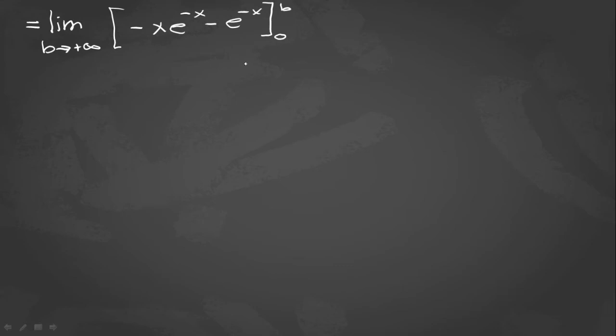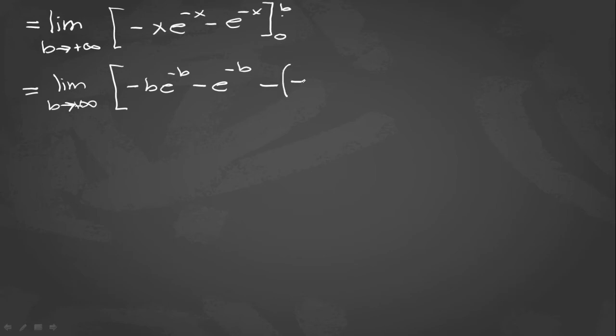Now, applying our limits of integration, we have the limit as b approaches positive infinity of negative b e raised to negative b minus e raised to negative b, minus the values at 0, which is negative 0 multiplied by a constant, still 0, and minus e raised to negative 0, which is equal to 1.